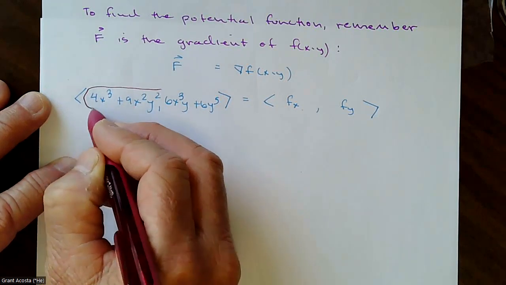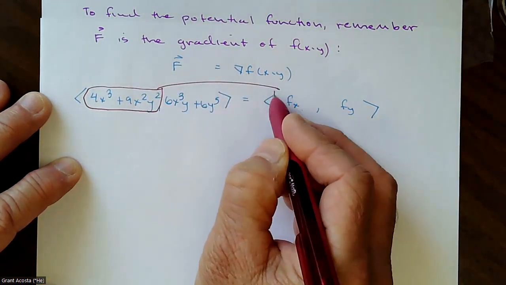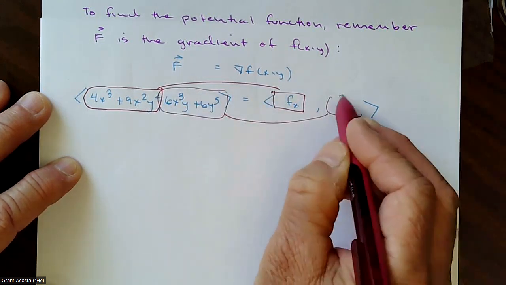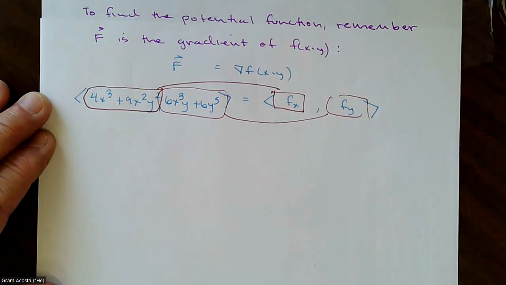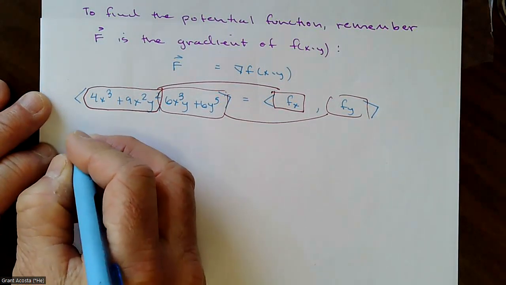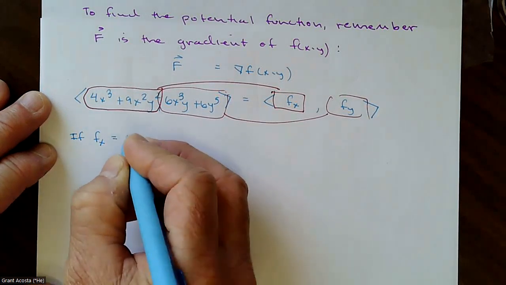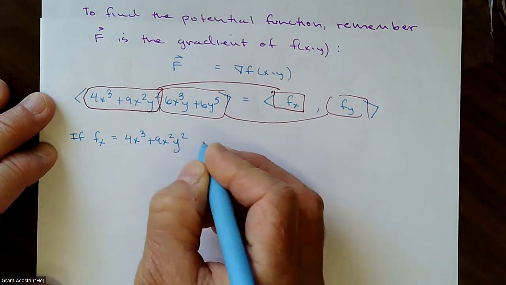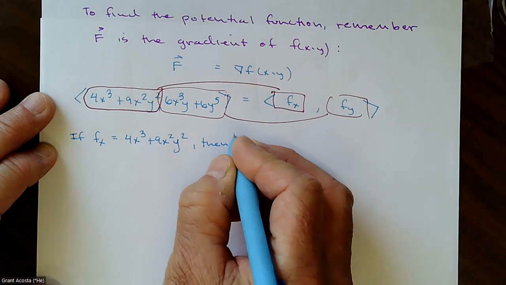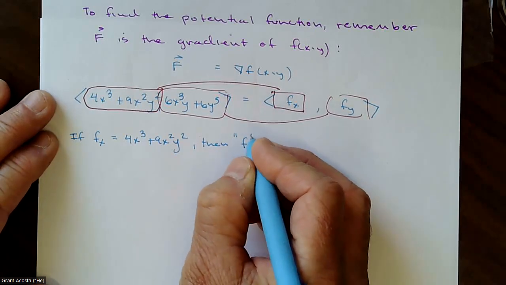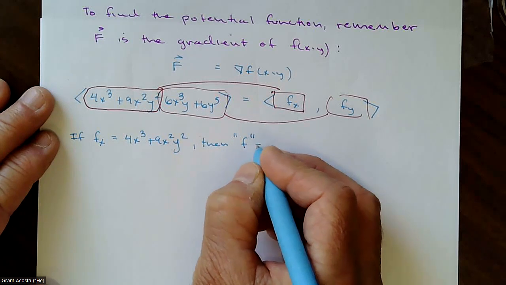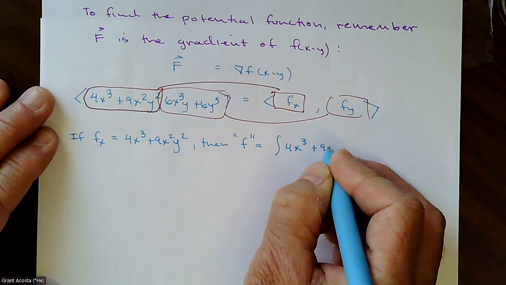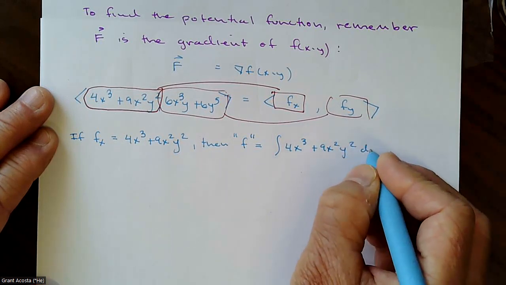This right here should be the partial derivative of whatever my function is with respect to x, and this is my partial derivative with respect to y. So if f sub x is equal to 4x cubed plus 9x squared y squared, then my function, I'm going to call this f, which is my potential function, should be the antiderivative of this, right? 4x cubed plus 9x squared y squared with respect to x.